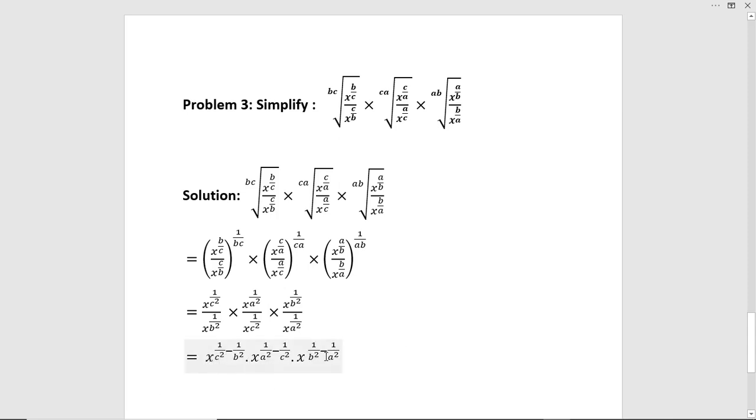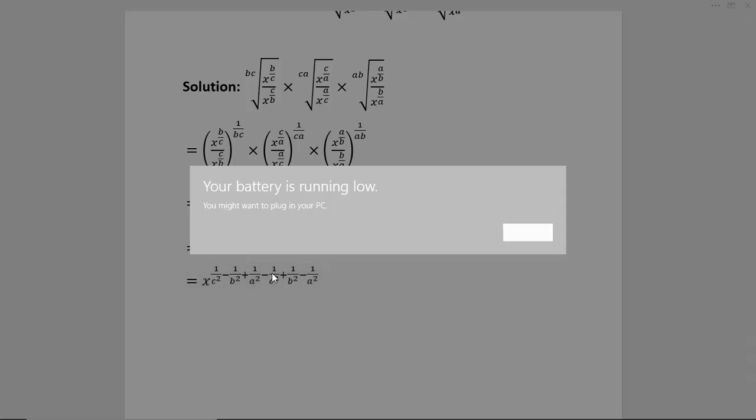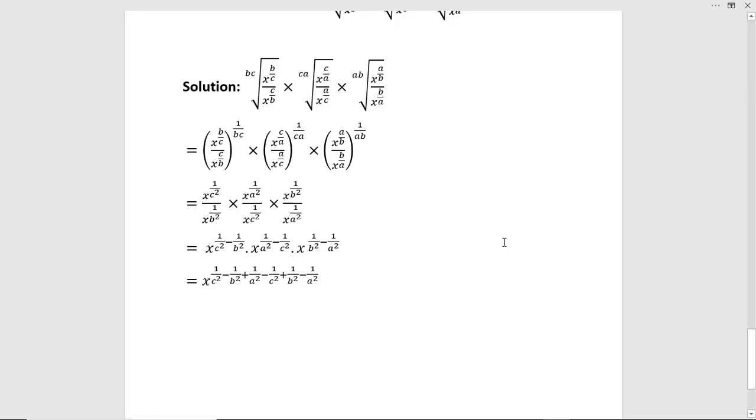These three terms are multiplied, and x is the common base for every term, so we have added all the powers: 1 by c squared minus 1 by b squared plus 1 by a squared minus 1 by c squared plus 1 by b squared minus 1 by a squared.